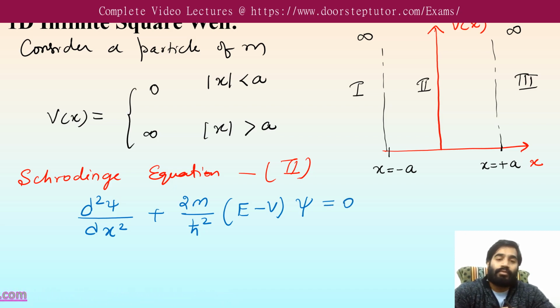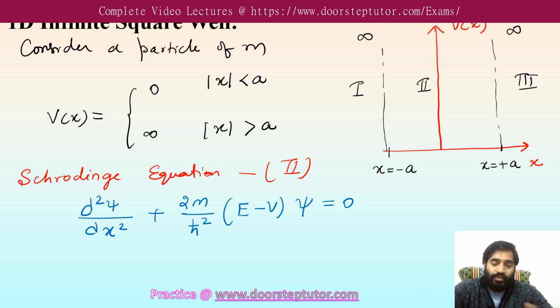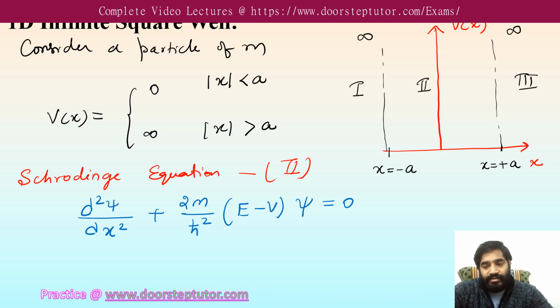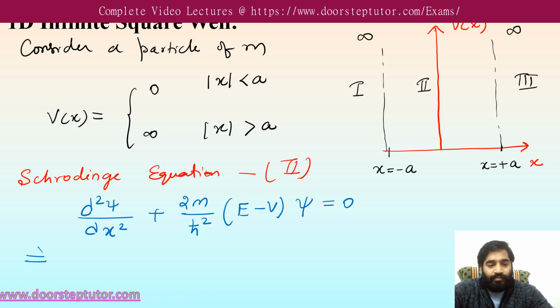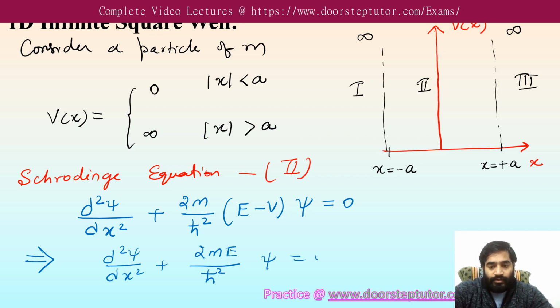Now, inside the second region the potential is 0, and outside there is an infinite potential, so there is no chance the particle is there. So for the second region V is 0, and my equation changes to d2 psi over dx square plus 2mE over h cut square times psi equals 0.